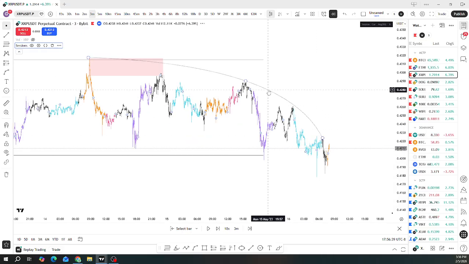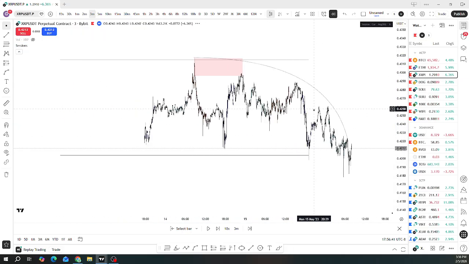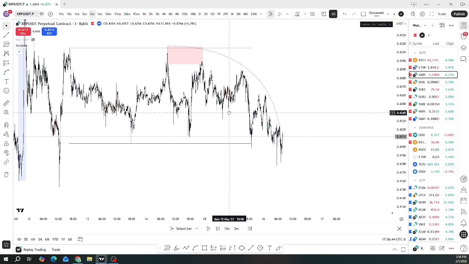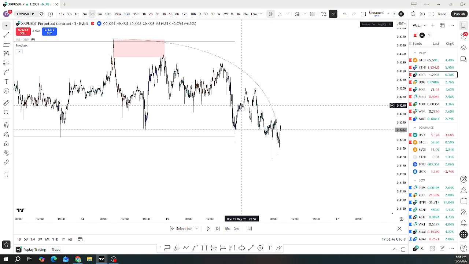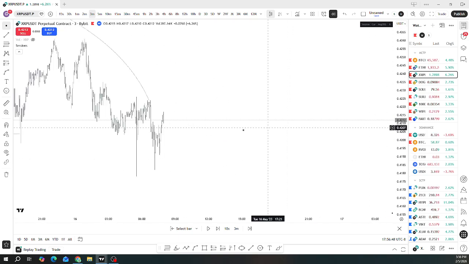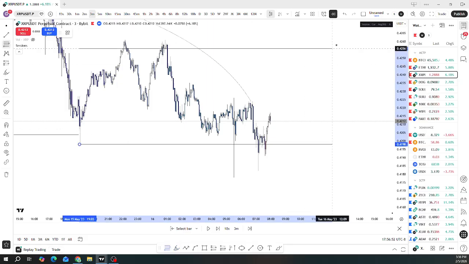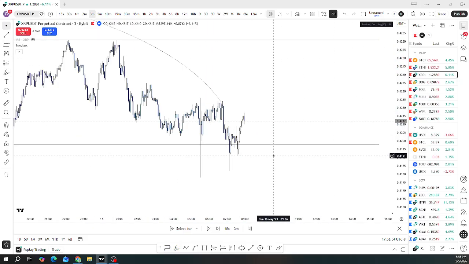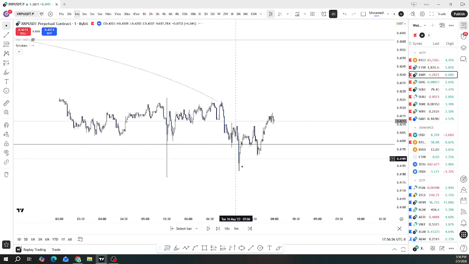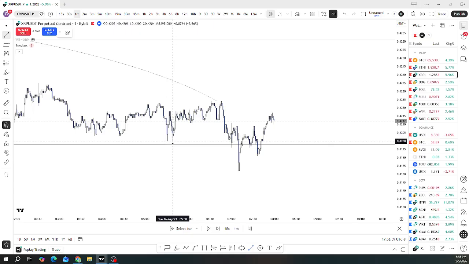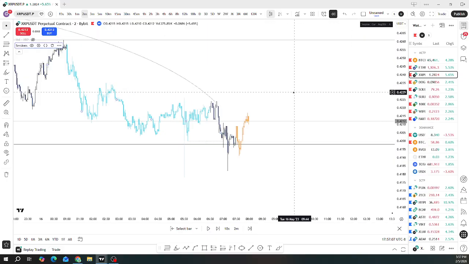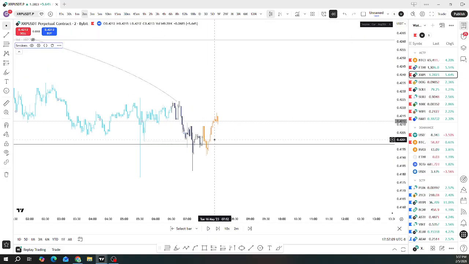Bitcoin is locally in some demand. Let's see if there's even a proper entry here. Stream liquidity swept there. New York opened later.